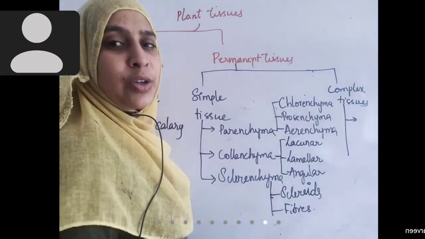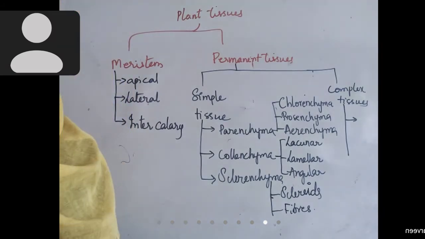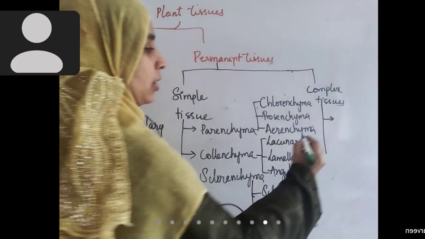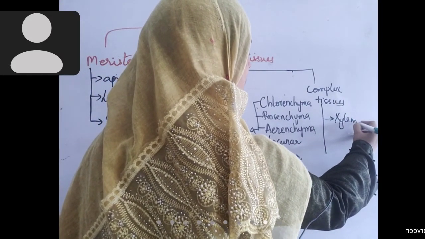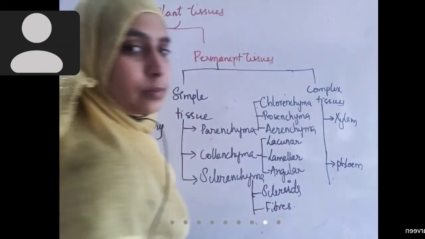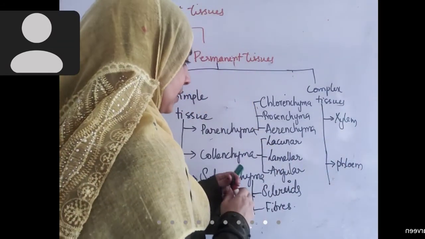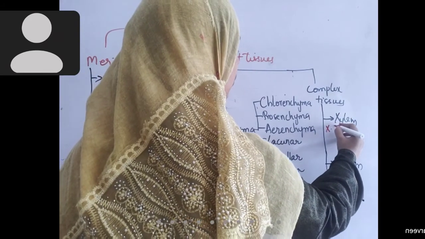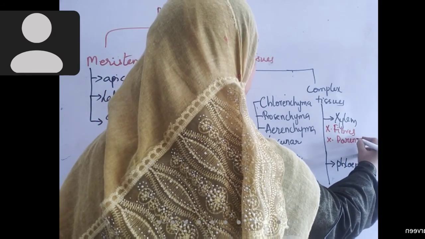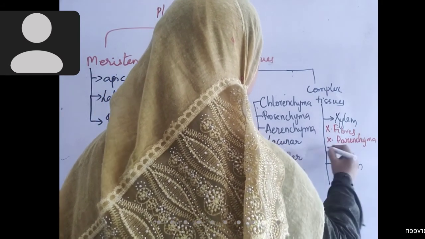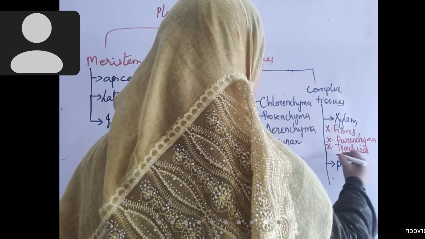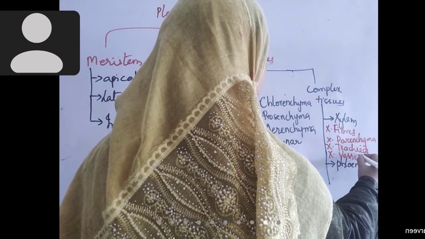Complex tissues are divided into xylem and phloem. Xylem is composed of xylem fibers, xylem parenchyma, xylem tracheids, xylem vessels.